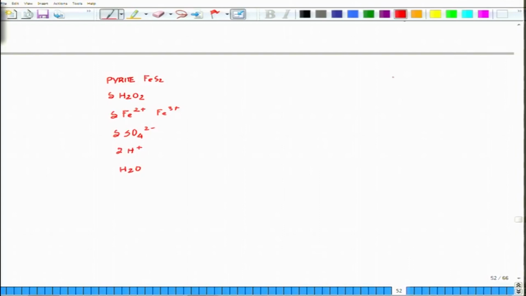And I told you that when you look at a seed in its dry dormant state, it has a battery of antioxidant enzymes.